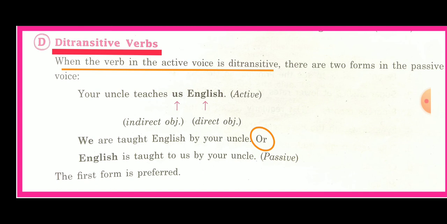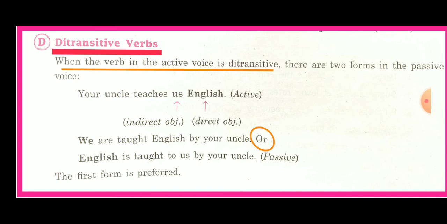Now we have two objects with us. One is "us" and the second is "English." So in such sentences we have two options. Either we can use the first object as our subject or we can take the second one also.